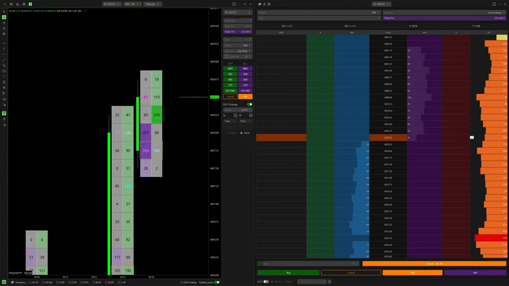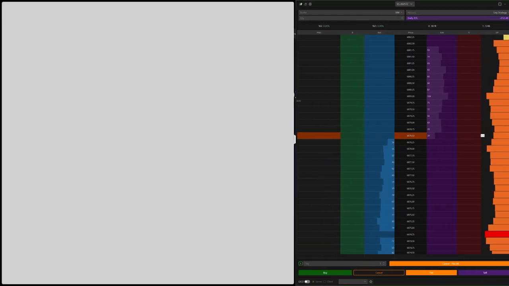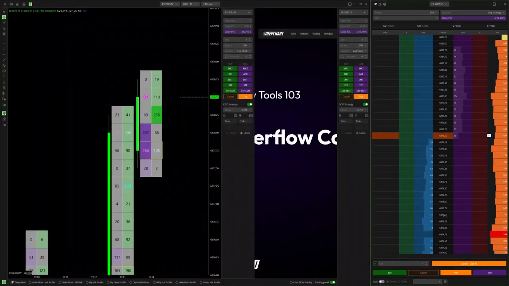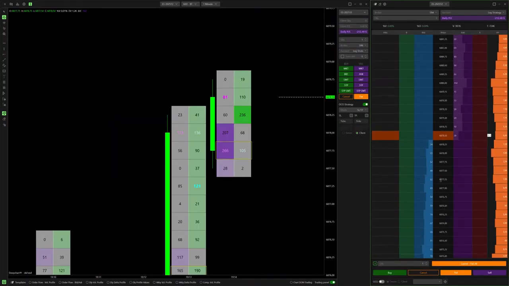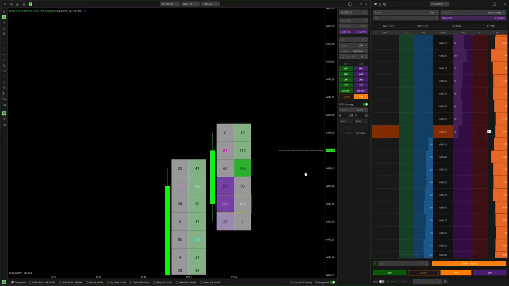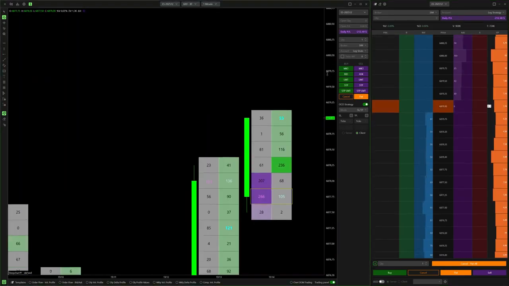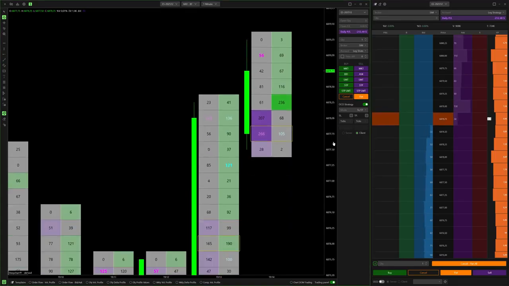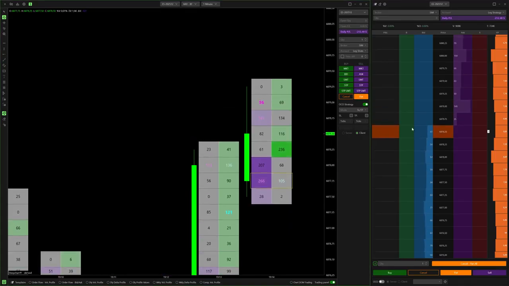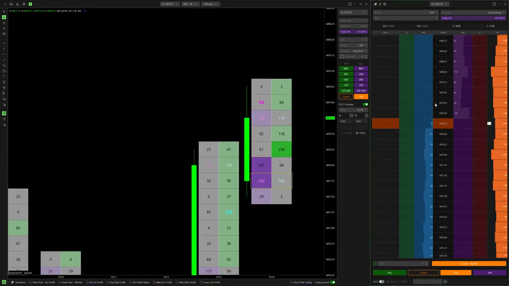And with our replay, we're going to play. And we're going to see this thing develop side by side with our depth of market in real time. There you go. Now you can see both of them moving at the same time.